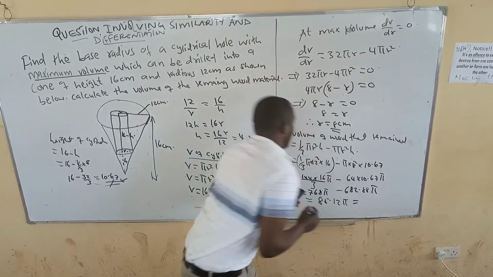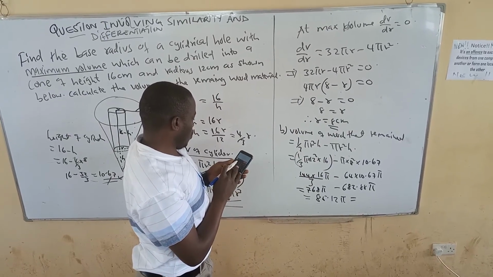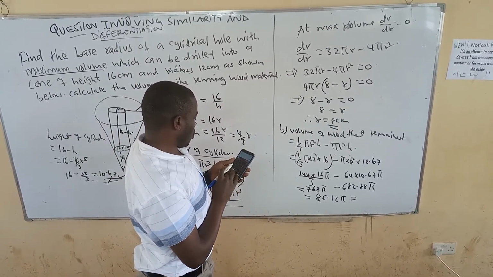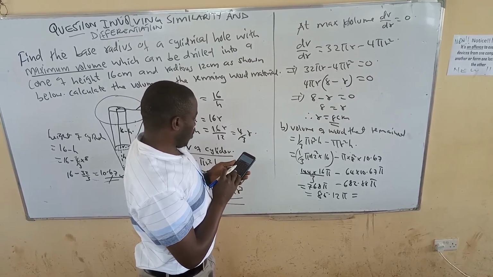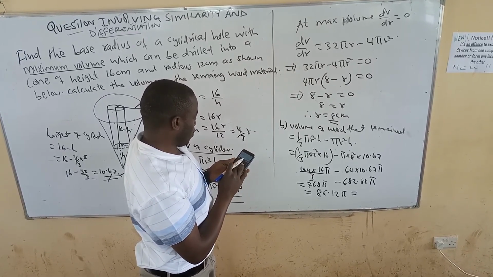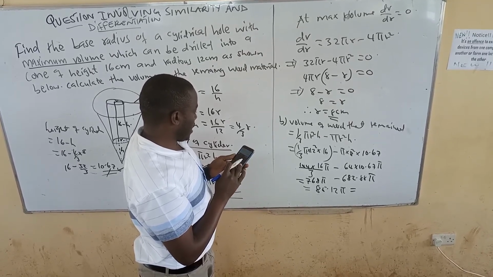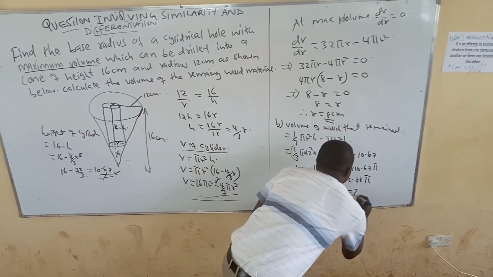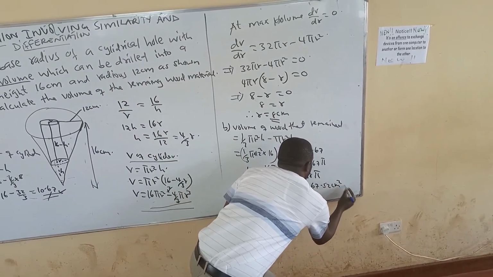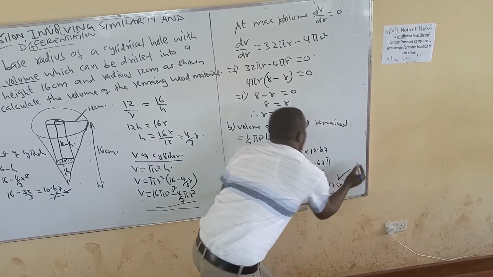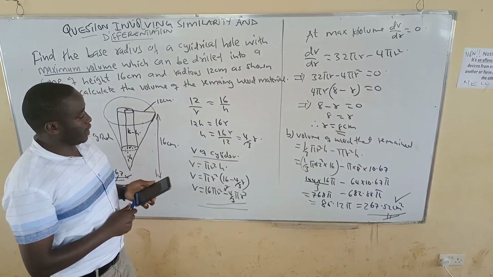Then if you multiply 85.12 times pi, that is 22 over 7, you get the answer as 267.52 centimeters squared. That becomes the volume of the good that remained.